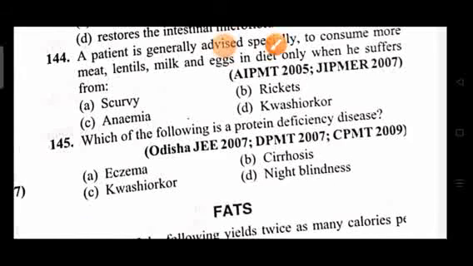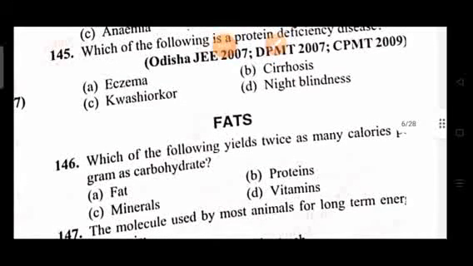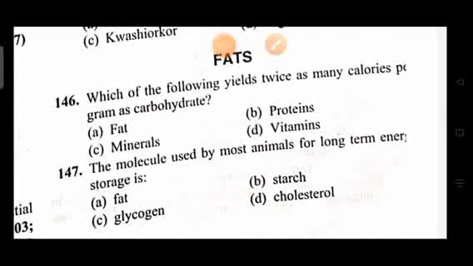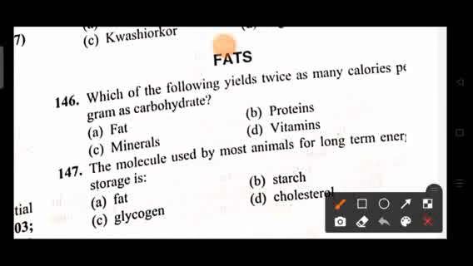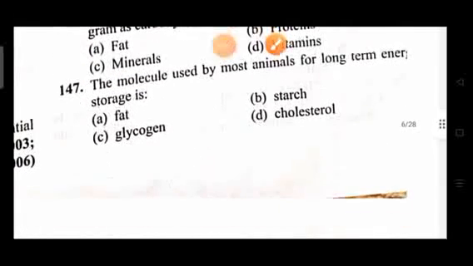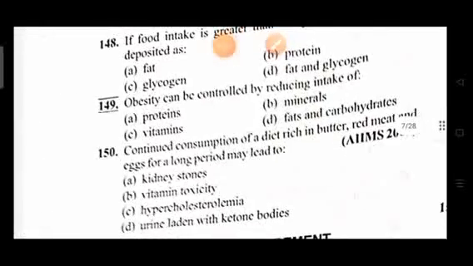Next one, which of the following yields twice as many calories per gram as carbohydrate? Obviously fat gives the energy in calorific values, as we have already discussed. Next, question 149: obesity can be controlled by reducing intake of proteins, minerals, vitamins, fats and carbohydrates.